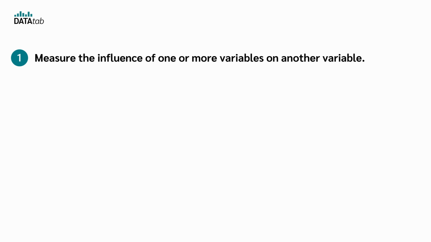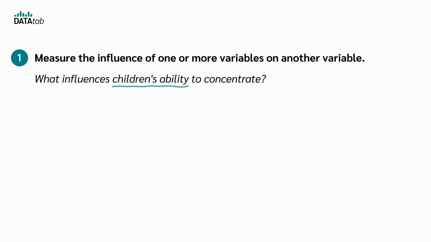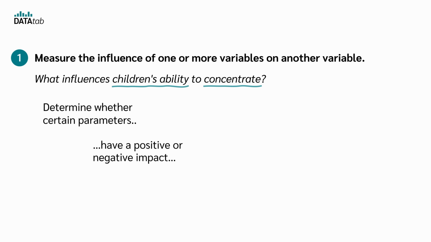Let's start by measuring the influence of one or more variables on another. In the context of your research, you may be interested in understanding the factors that influence children's ability to concentrate. Specifically, you aim to determine whether certain parameters have a positive or negative impact on their concentration.